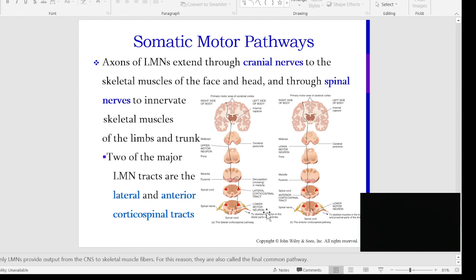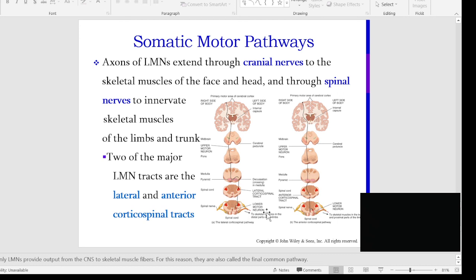Let's take for example a response to flex the elbow. Where does it cross? It descends from the cortex. If it passes through the anterior corticospinal tract, then upon reaching C5, cervical level 5, it crosses and goes to the right side, to the biceps.